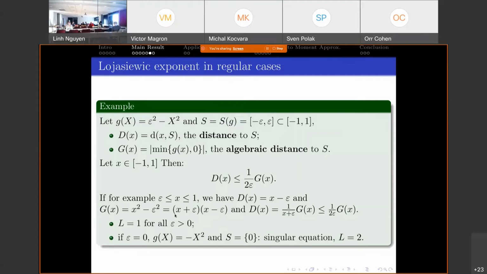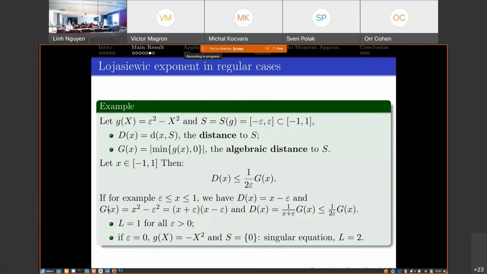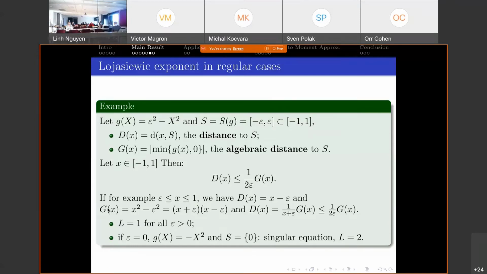This follows, for instance, because the distance, if x is between epsilon and 1, is x minus epsilon. And then g of x will be x plus epsilon times x minus epsilon, and then it's trivial. So this example shows that L is 1 in this regular univariate case.